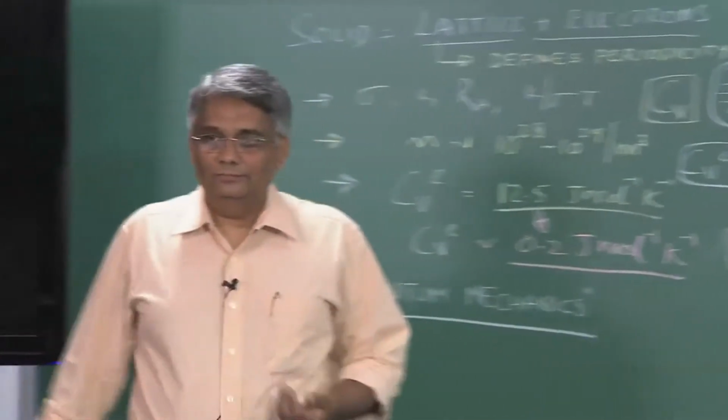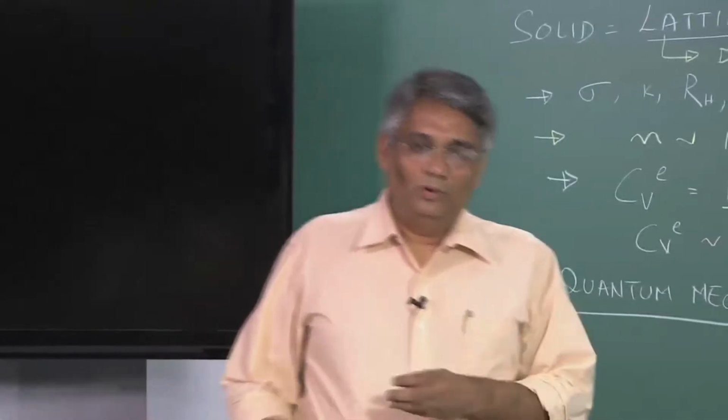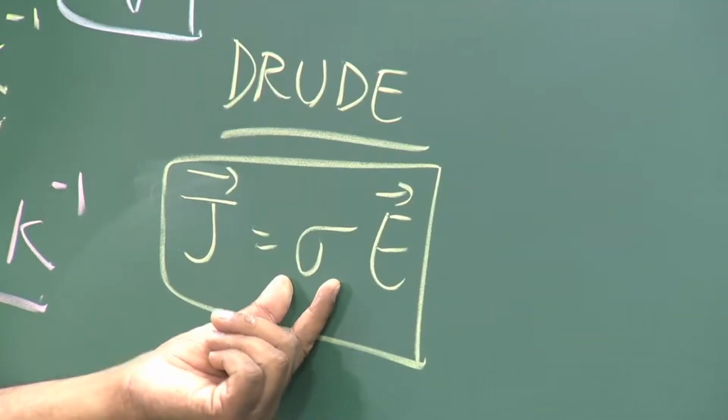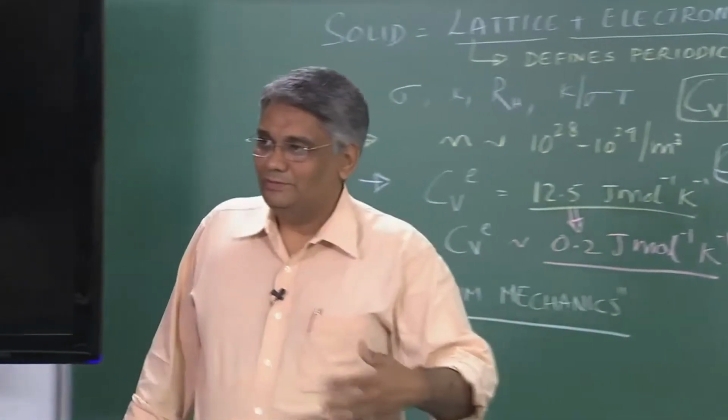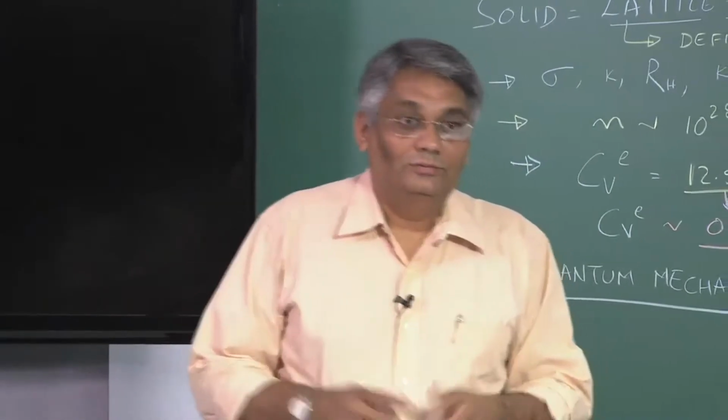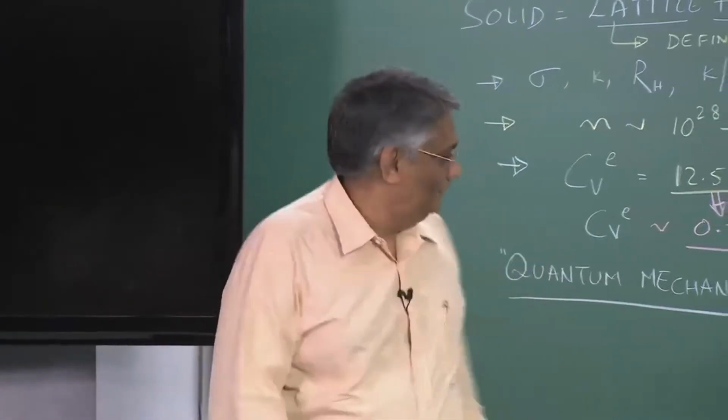We have the well known point form of Ohm's law, from which the sigma value can be calculated. Similarly, you do a thermal conductivity measurement, you look at the validity of the Wiedemann-Franz law, etc. Okay, it's no problem.